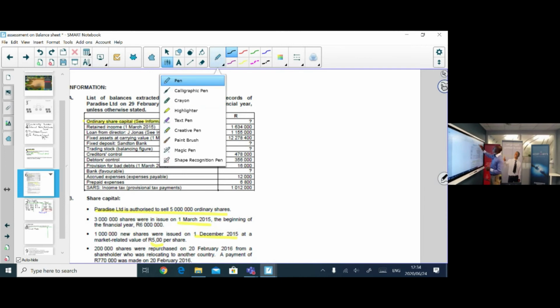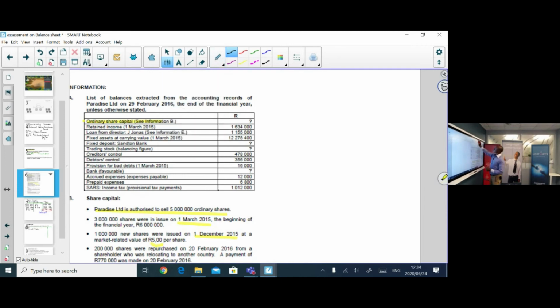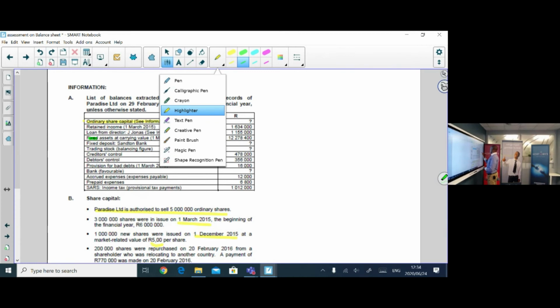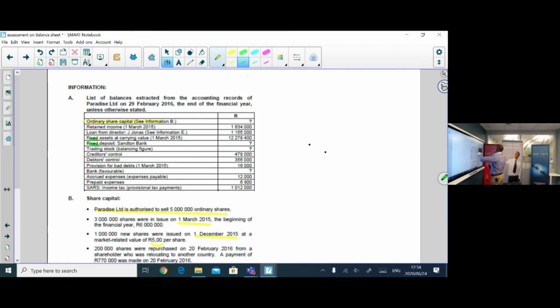Let me highlight them, using a different color. We've got this one and this one. We don't have any others, so we've got only two non-current assets.